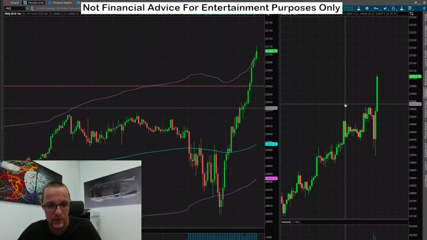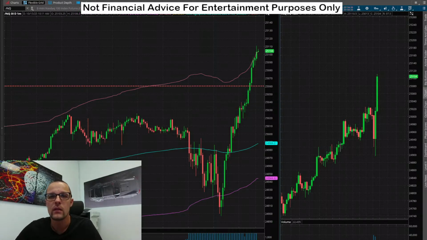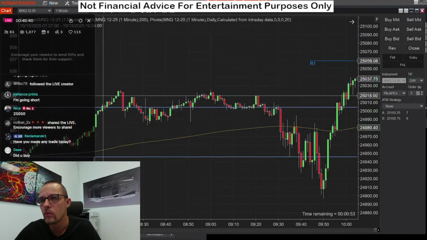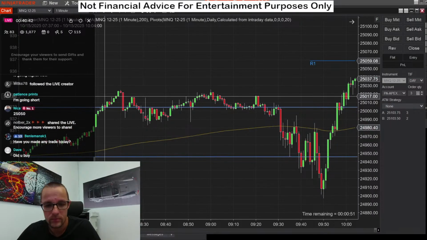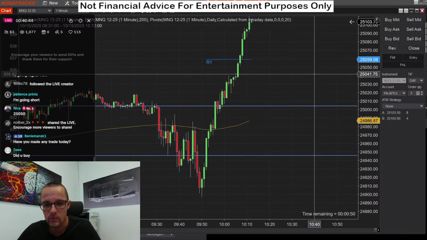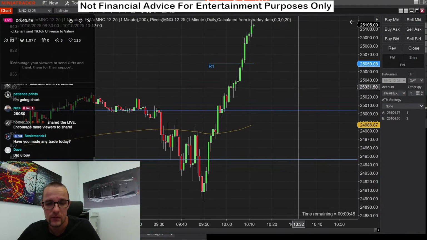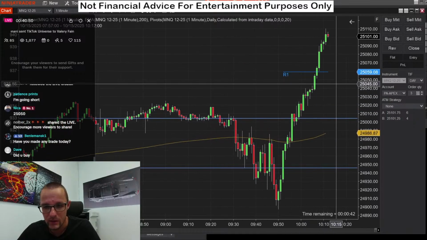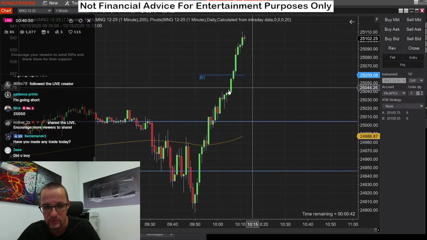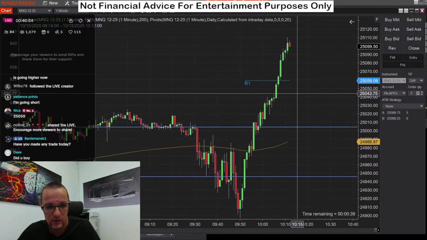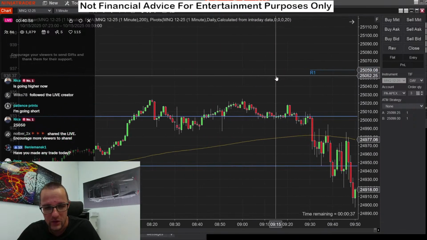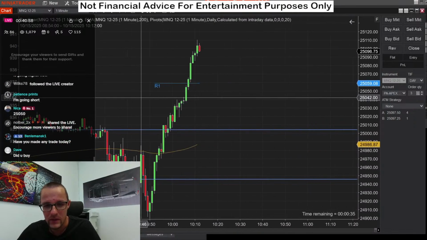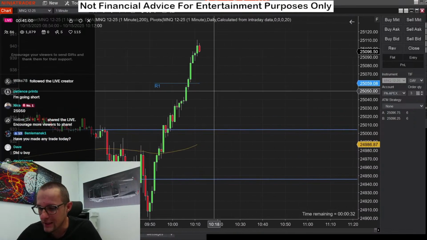Now we got the top of this range, right? Hold on. I wouldn't be opposed to possibly... I don't know if that's going to be a good trade. This scalping strategy, to be honest, is a lot harder for me.